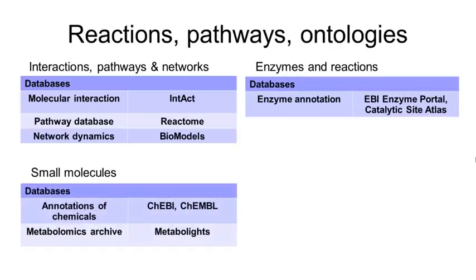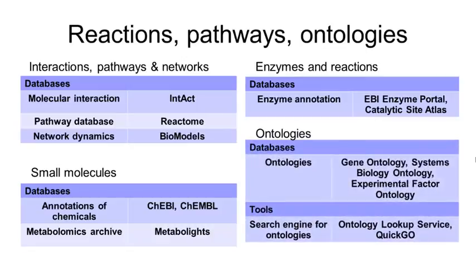Small molecules can be found at ChEBI and ChEMBL. Metabolomic data can be found at MetaboLights. Ontologies include the Gene Ontology, which we had talked about at length in earlier lectures, as well as the Systems Biology Ontology and Experimental Factor Ontology. Search engines for ontologies include Ontology Lookup Service and QuickGO.